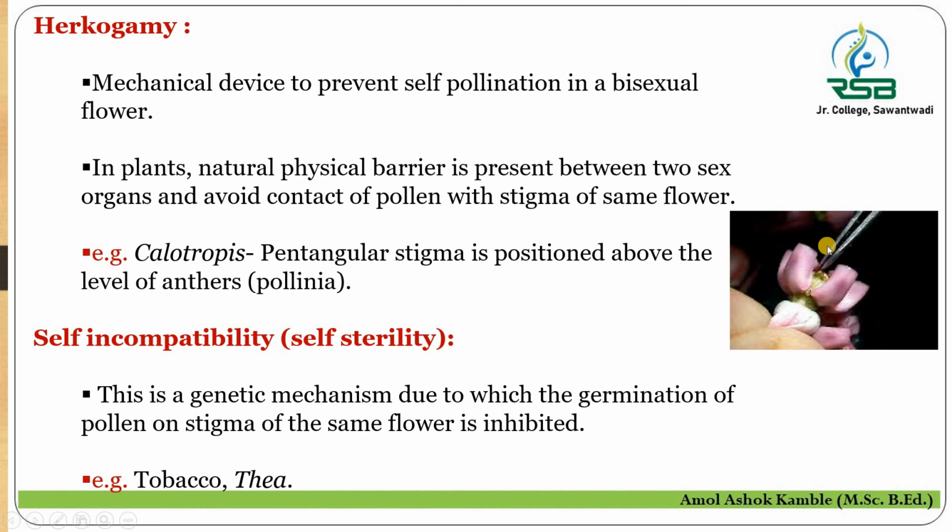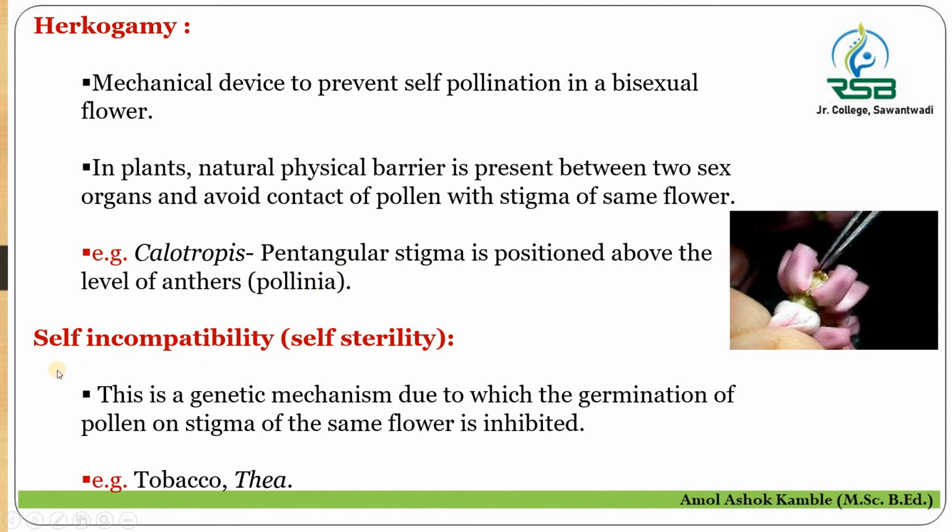For example, in case of calotropis, we know calotropis, rui, everybody knows rui. In case of rui, there is presence of pentangular stigma positioned above the level of anther, that is the pollinia.